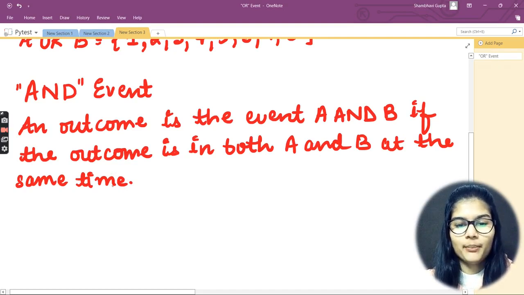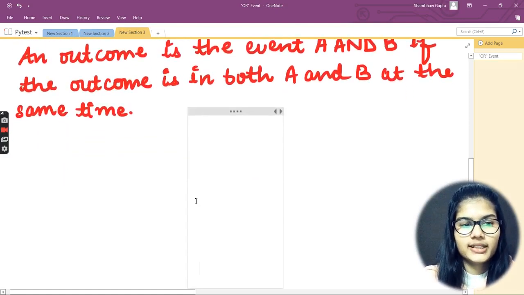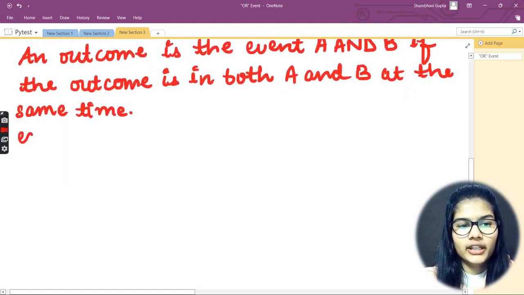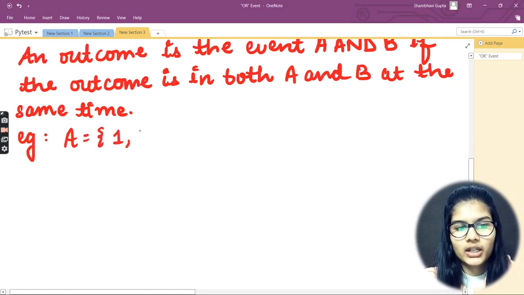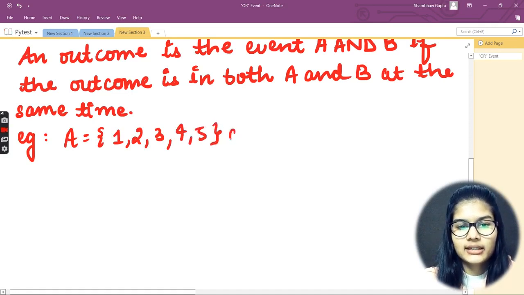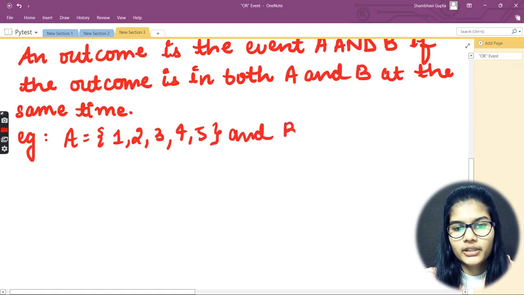Now, what example can we have for that? So the example for A and B could be, let's say I have the A event as 1, 2, 3, 4 and 5. Okay, let's say this is my A event, and what about my B? Let's say my B event is 4, 5, 6, 7, 8.